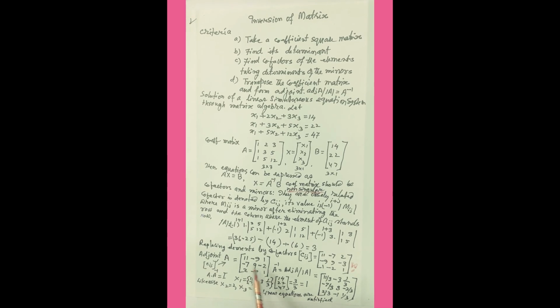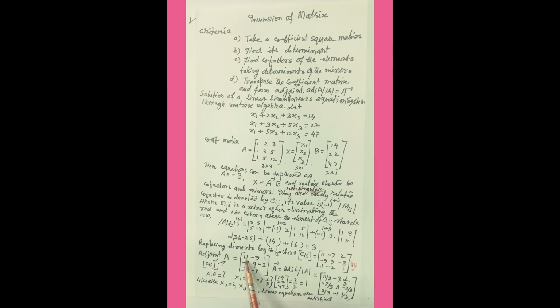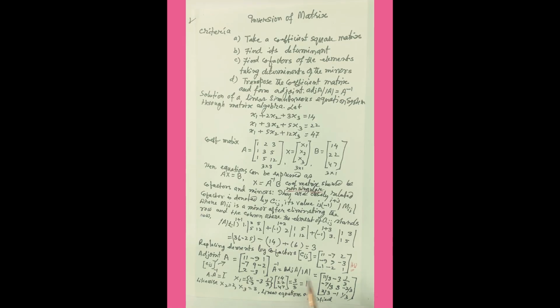So the adjoint of this will be 11, minus 9, 1. What was a column here will be a row. Then minus 7, 9, 2, which was a column, here will be a row, like that. So Cij prime, the transpose of this, becomes the adjoint.